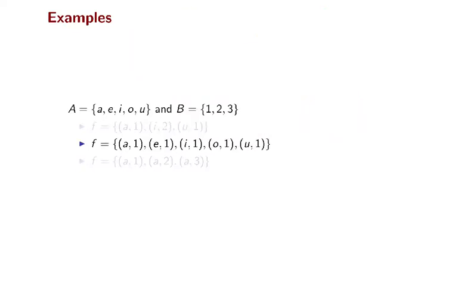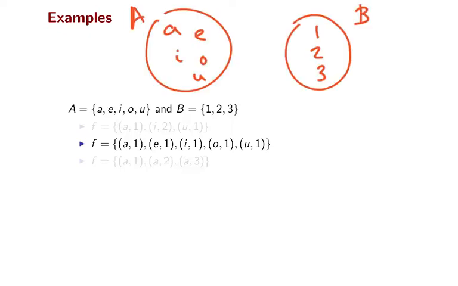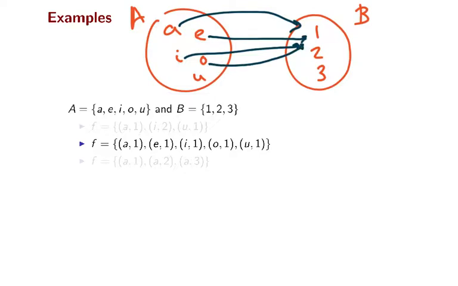Okay, so let's see this other example. The same sets, but now the pairs in the relation are different. So the ones in this relation are A relates to 1, E relates to 1, I relates to 1, O relates to 1, and U relates to 1. All of them relate to 1 here.